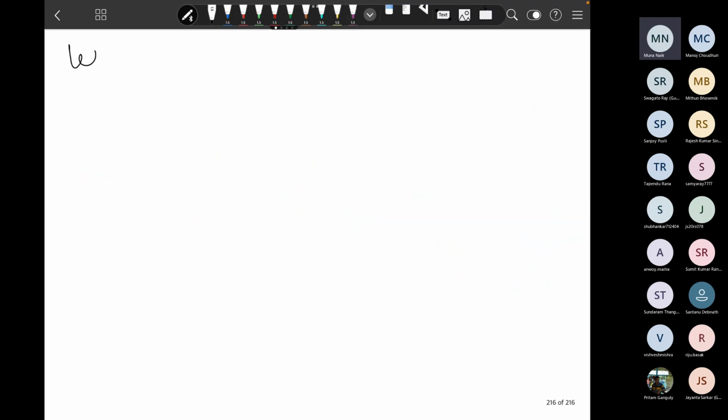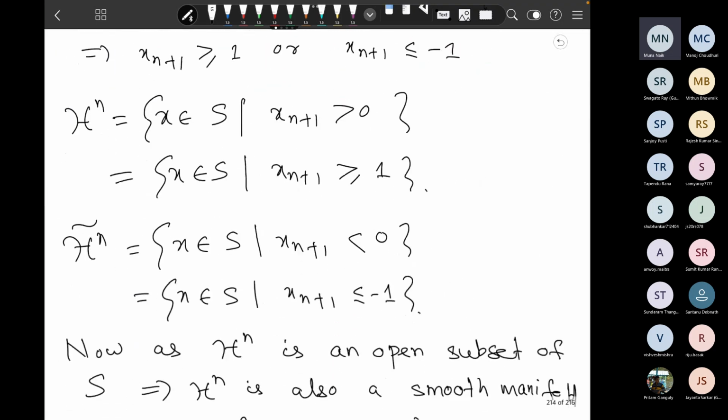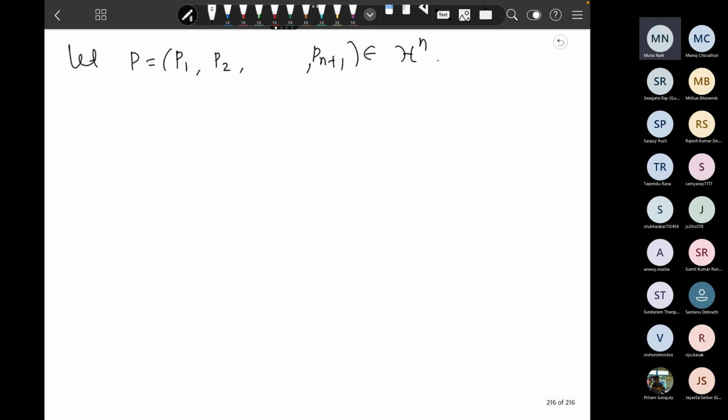So let P equal (P1, P2, ..., P_{n+1}) belong to H^n. Since P belongs to S, by definition of H^n, the last coordinate is greater than or equal to 1. So P_{n+1} is greater than or equal to 1.